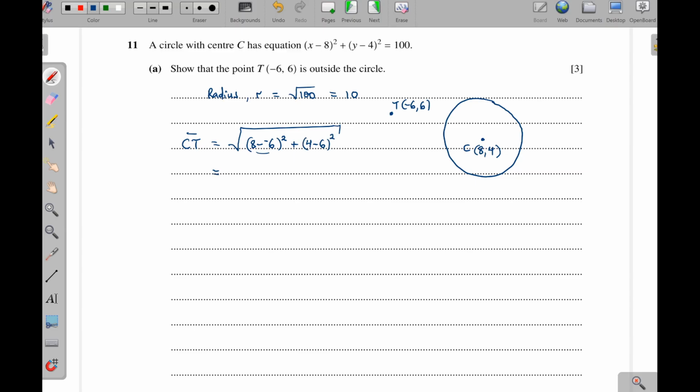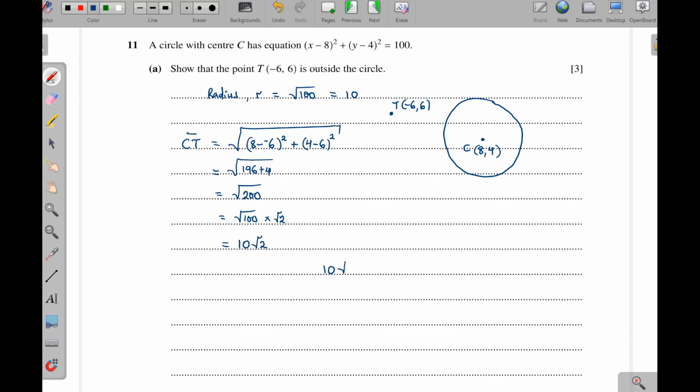So here we shall have a 14. 14 squared is 196. And then negative 2 here squared will be a 4. So we are getting root of 200, which is the same as root of 100 times root of 2. So this will be 10 root of 2.